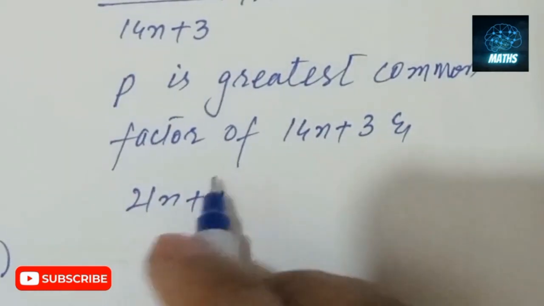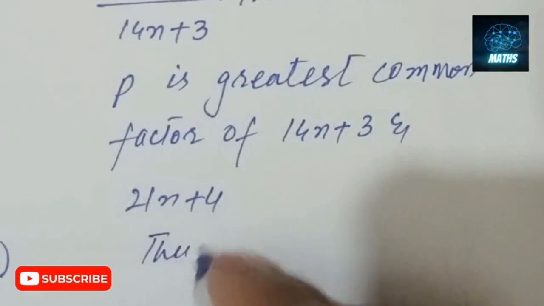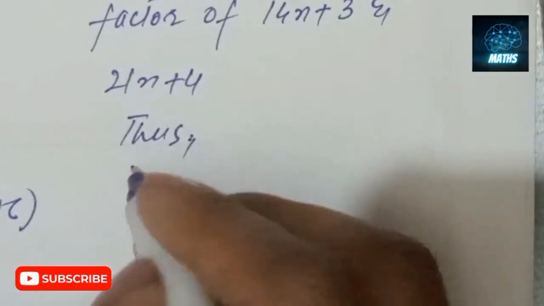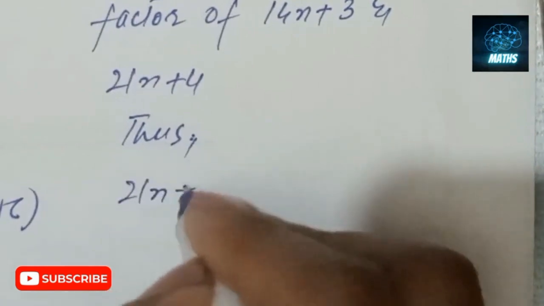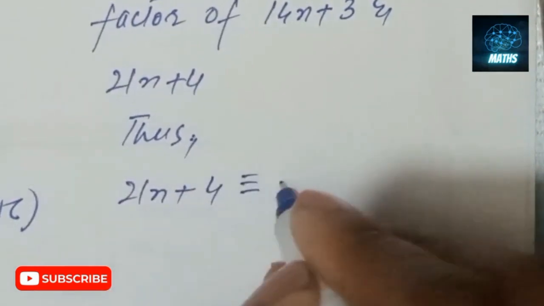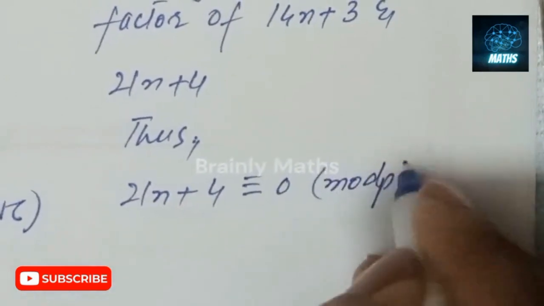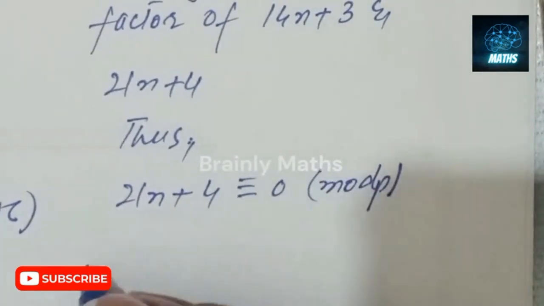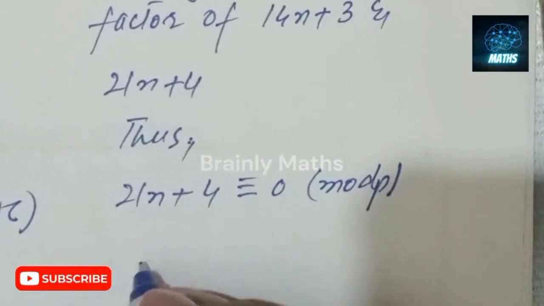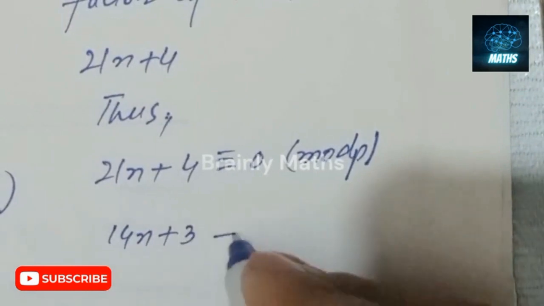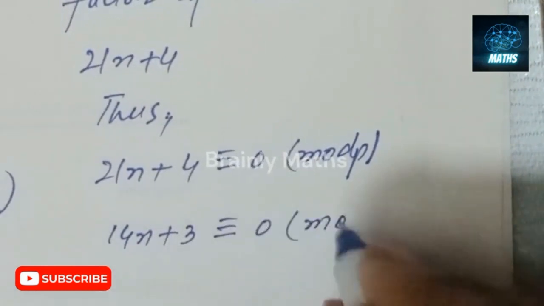So if p is the greatest common factor of 14n + 3 and 21n + 4, I can write it as 21n + 4 is congruent to 0 mod p. Similarly, 14n + 3 is congruent to 0 mod p.